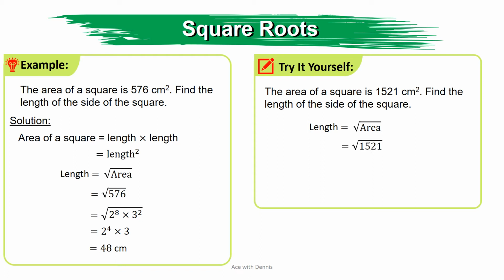For this case, it is square root of 1521. We write it in the index notation, which we get square root of 3 square times 13 square. Since it's a square root, we divide the power by 2, we get 3 times 13, and the answer is 39 centimeters.